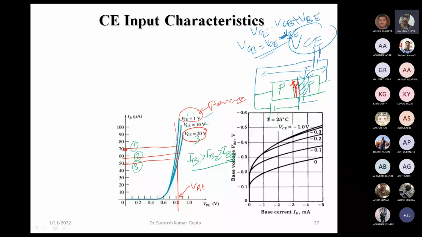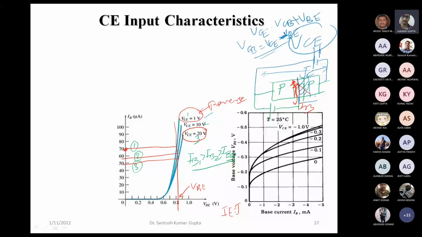Whereas if the base region is large, then there will be more recombination, more injection of charge carriers from base into emitter as well. And also one more thing that we have seen is that the slope is going to be low. If the slope is low, then IC is less and IB is going to be more. We can look at this transistor equation: IE is equal to IC plus IB.